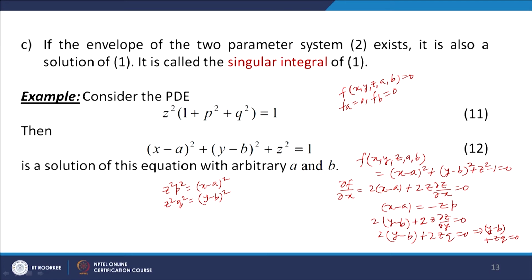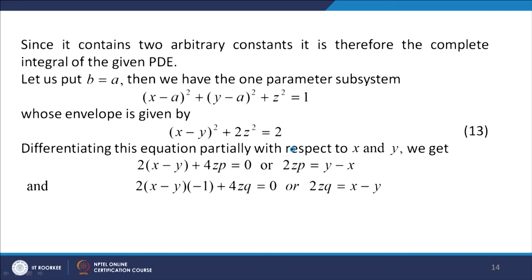So, replacing x minus a whole square by z square p square and y minus b whole square by z square q square, we get z square plus z square p square plus z square q square equal to 1. Since this is a solution, it must satisfy this equation. This is a solution of the equation 11. Since it contains two arbitrary constants, it is therefore the complete integral of the given PDE.